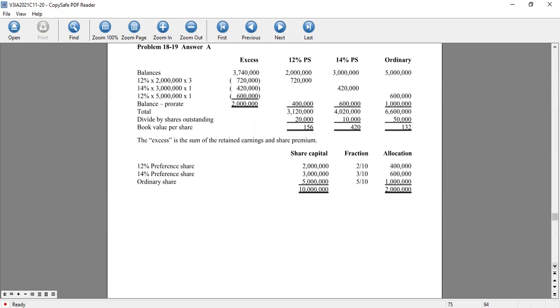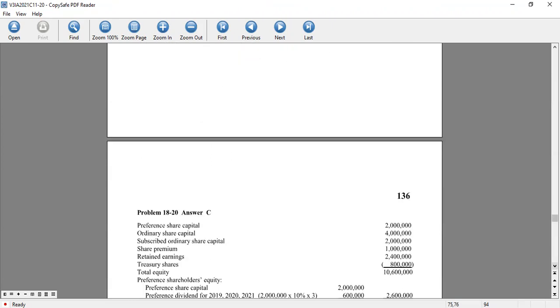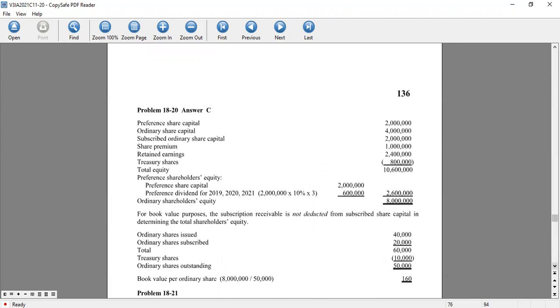But the problem is asking only for the book value per share on the ordinary share capital. Then we have problem 20 for determination of the book value per ordinary shares.